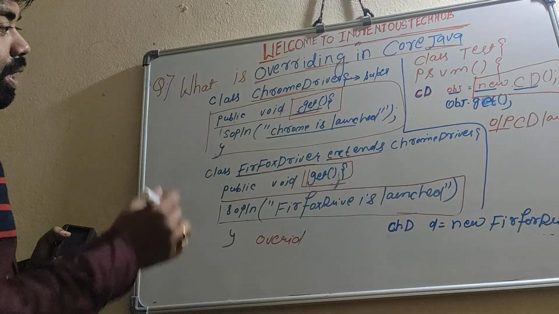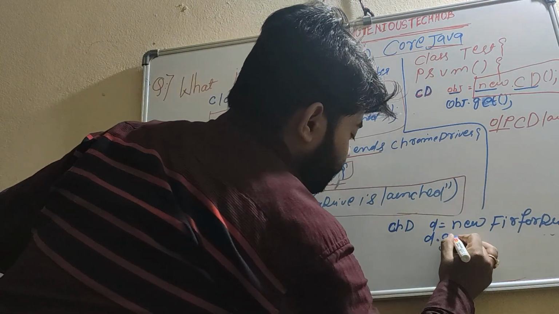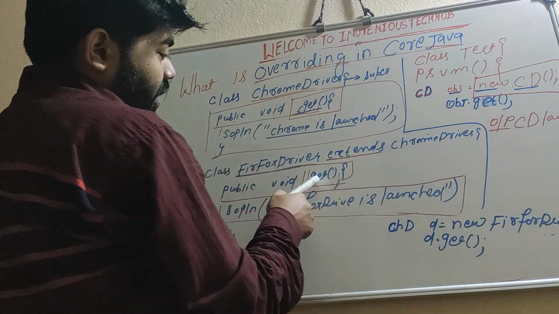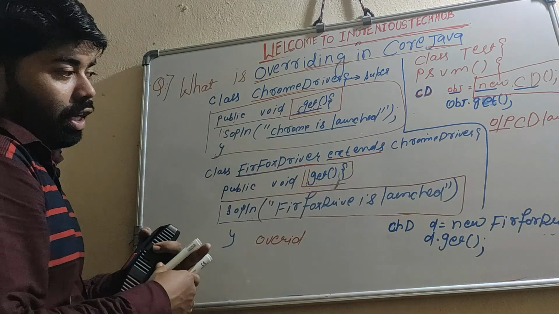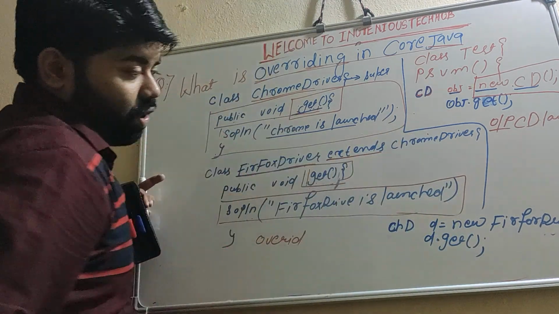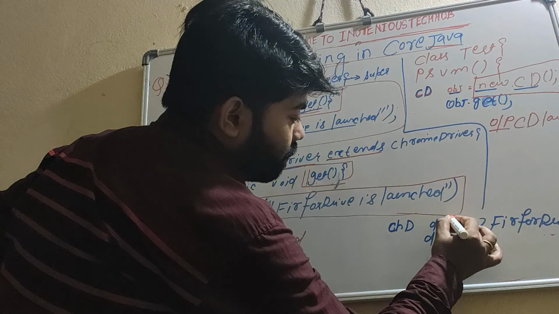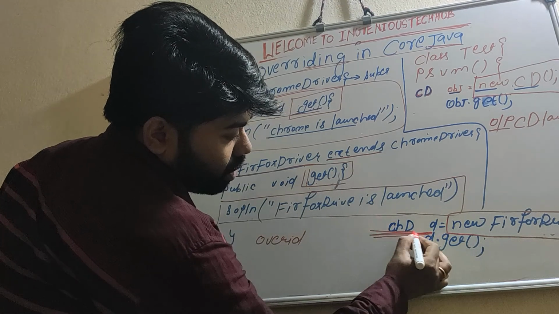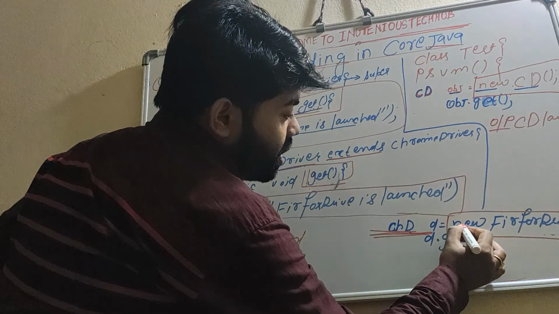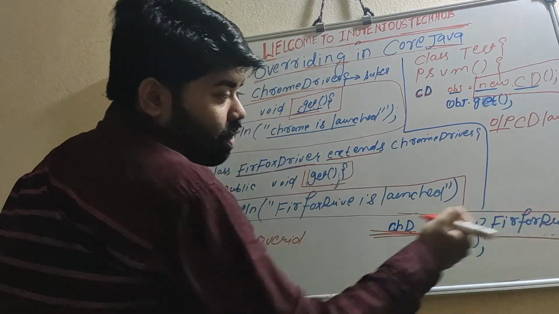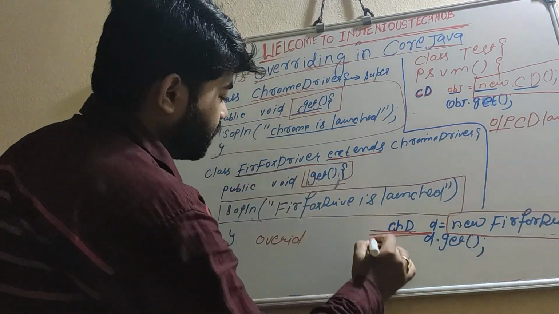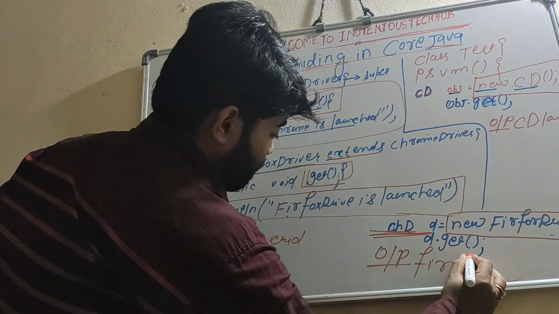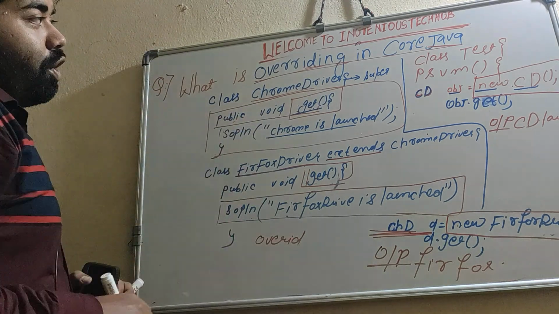Now if you call the get method, which type of method will be executed? I told you the overriding concept will execute based on which type of object you are creating. It doesn't care about the reference type. We are holding the object of FirefoxDriver, so Firefox will be executed. So this is the overview of overriding.